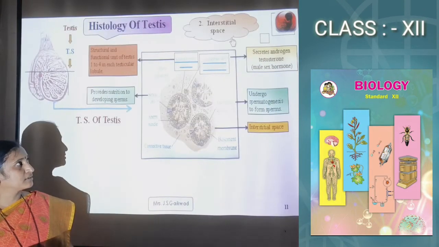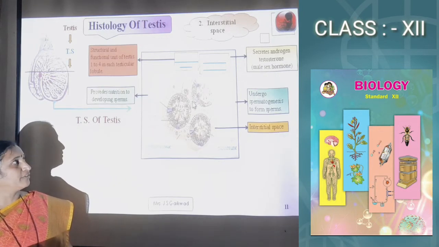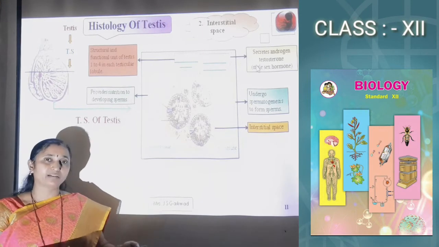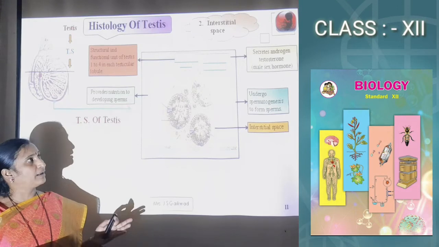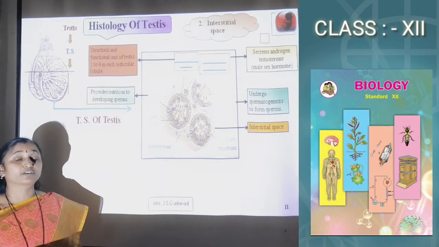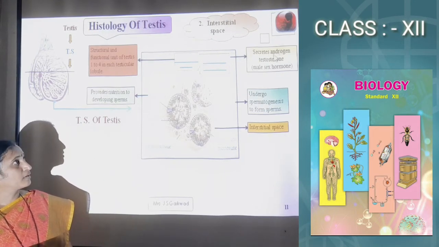Where are they present? In the diagram, here are the interstitial or Leydig cells. They are present in between the seminiferous tubules, and these cells secrete the male sex hormone. In the previous lecture, part 2, we learned about the male hormone and the role of the male sex hormone, testosterone, which controls the secondary sexual characters in the male during puberty.